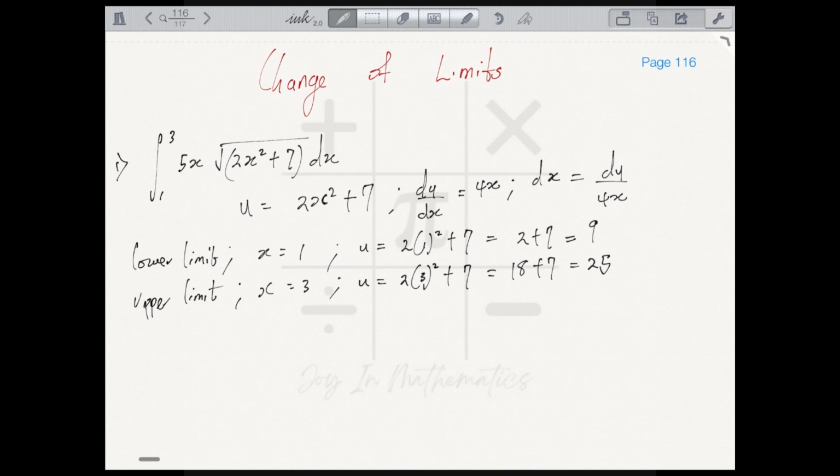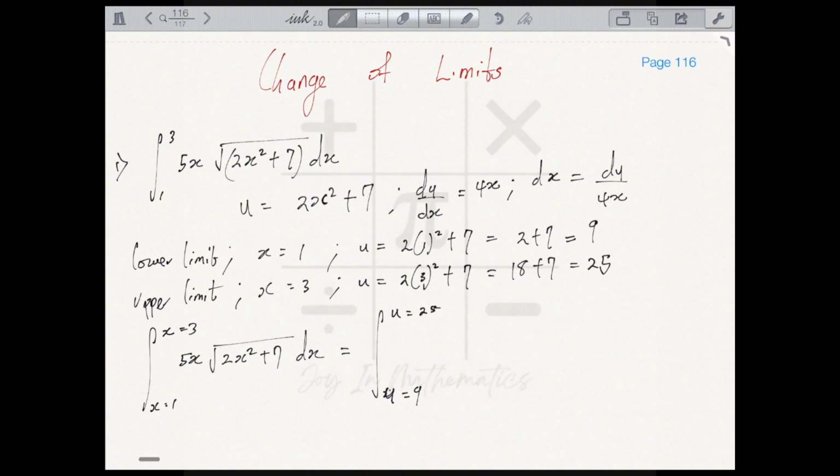So we can now say that the integral from x equals 1 to x equals 3 of 5x square root of 2x squared plus 7 dx can be written in terms of u, and that will be from u equals 9, because when x is equal to 1, our u is equal to 9, and when x is equal to 3, our u is equal to 25.